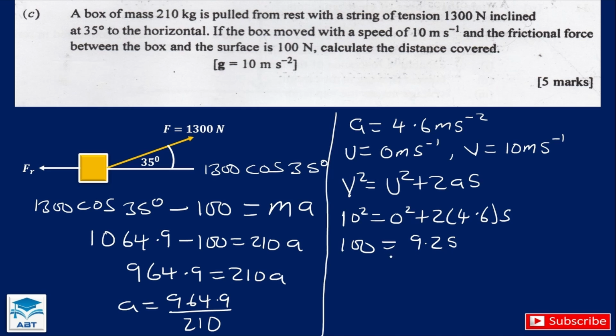Then we divide both sides by 9.2. So 100 divided by 9.2, and 9.2 times distance over 9.2. And so the distance here is 10.9 meters.